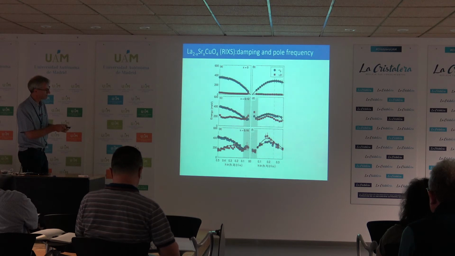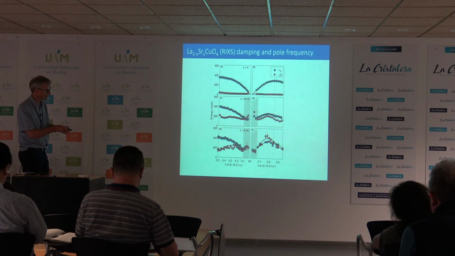Now, an interesting feature here is if we look at going from one zone to the next. So we've got the zone around gamma here, and then the zone around half or pi over here. You see the excitations are not symmetric. The damping is higher, and they have higher energies in this first zone. And as you come to the zone where the magnetism existed previously, they're of lower energies and lower damping.